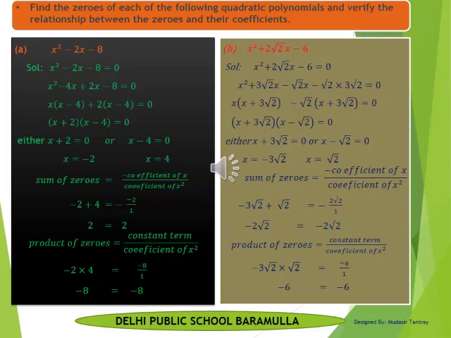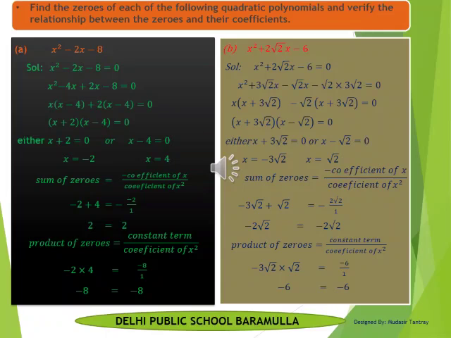Now, we have two zeros, that's minus 3 root 2 and x is equal to root 2. Sum of zeros is equal to minus coefficient of x divided by coefficient of x square.